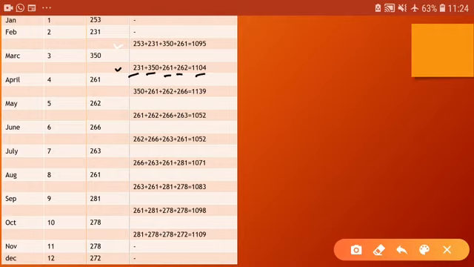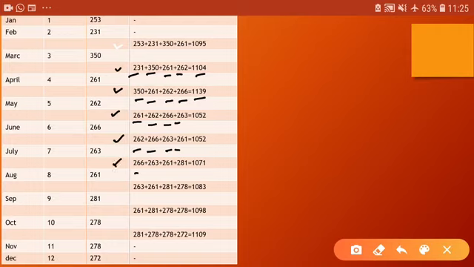Same way, between April and May, 2 up, 350, 261 and 2 down, 262 and 266. Between May and June, 2 up, 261, 262 and 2 down, 266 and 263. Between June and July, 262, 266, 263 and 261.